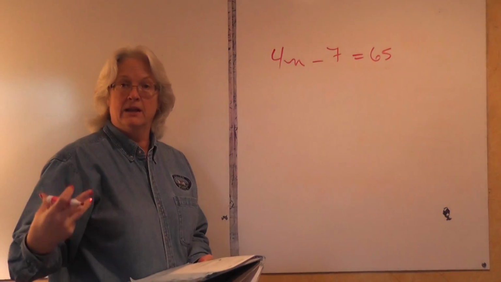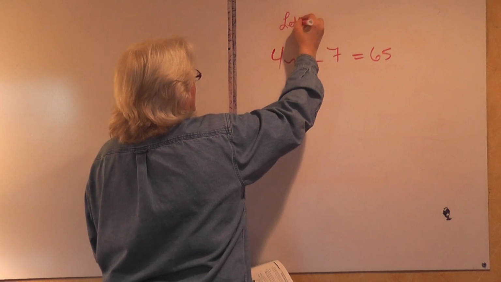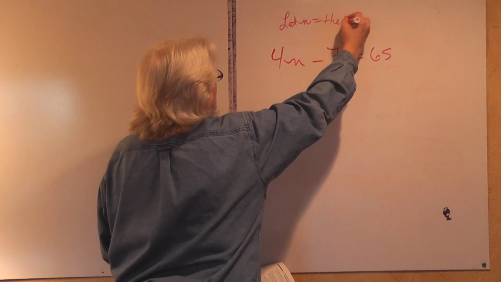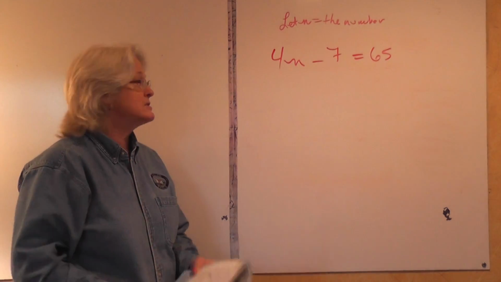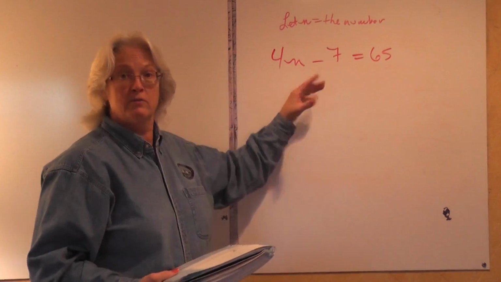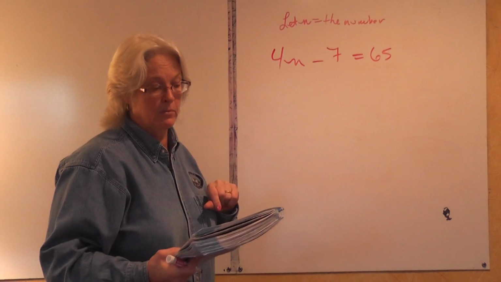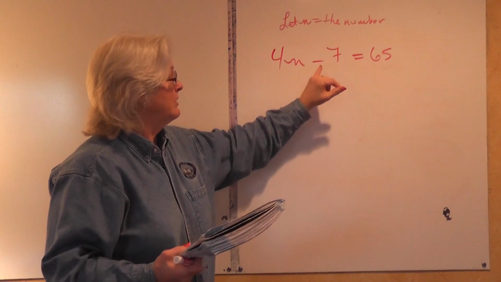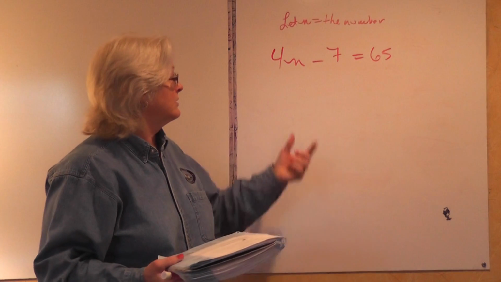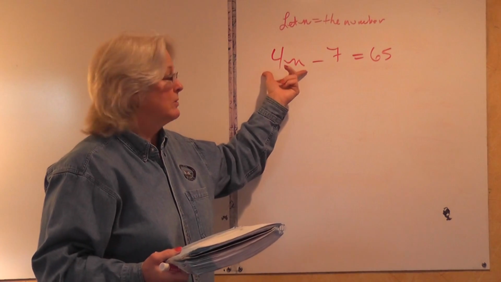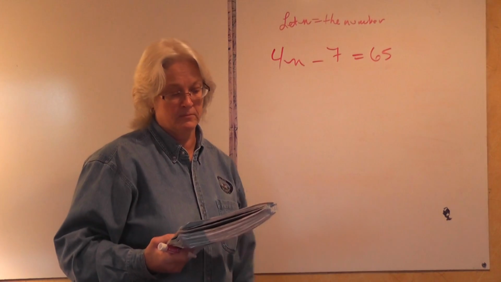The one step that I left out at the beginning, we didn't say let n equal the number. Okay, so if n is equal to the number, then 4n, of course, is going to be equal to 4 times a number. Our problem says 4 times a number decreased by 7 is 65. What are we starting with? 4 times a number. What are we doing? We're making it 7 smaller.